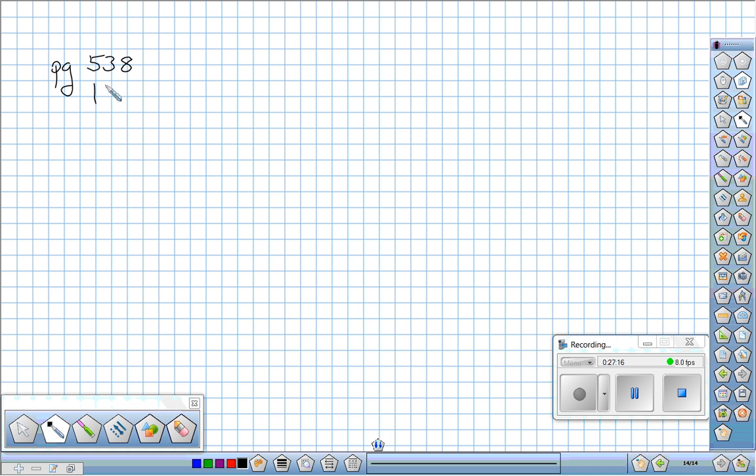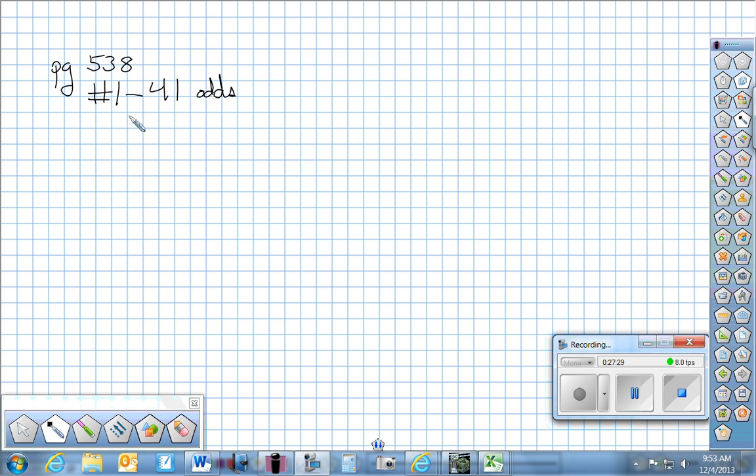So I want you to do numbers 1 through 41 odds on page 538, and they shouldn't be too bad. The harder ones, the ones that have 3 equations in them, you can use your calculators. I'm okay with that. Some of them get kind of funny. Some of them have some x's in them, so you'll probably get multiple terms with x's in your answers.